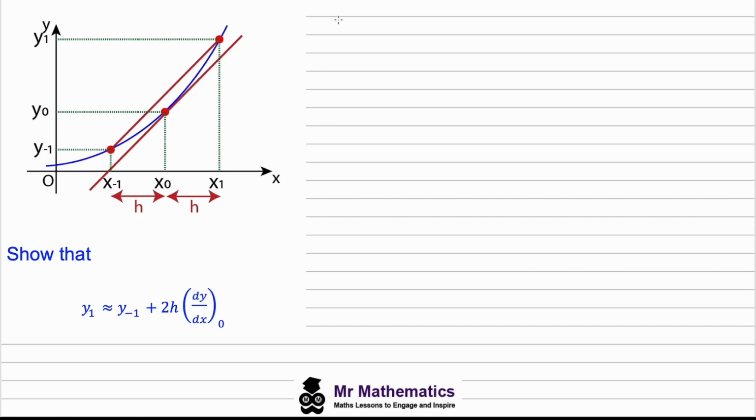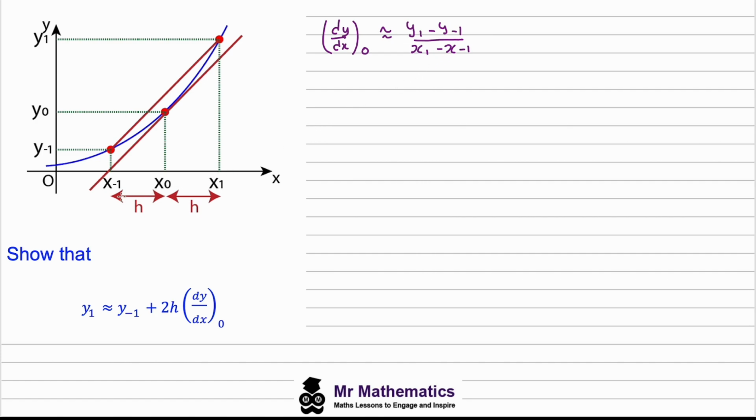So we can say that dy by dx at x0 is approximately the difference between y1 and y negative 1, so between here and here, divided by the change in y divided by the change in x, so x1 and x negative 1.